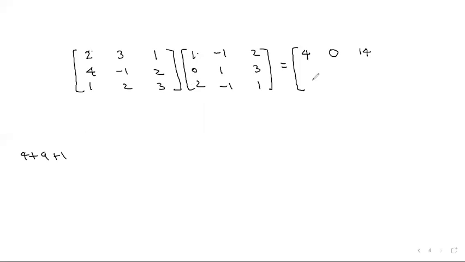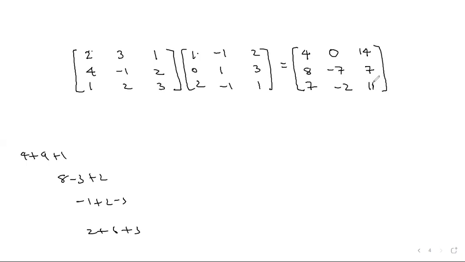4 plus 0 plus 4. Minus 4 plus 1, minus 5. Minus 4 plus minus 1, minus 5. Minus 2, minus 7. 8 minus 3 plus 2, 7. 1 plus 6. Minus 1 plus 2 minus 3. 2 plus 6 plus 3. I hope this is the correct calculation.